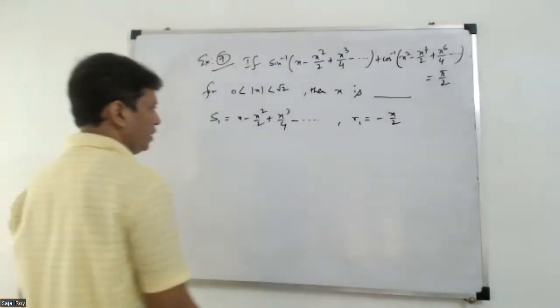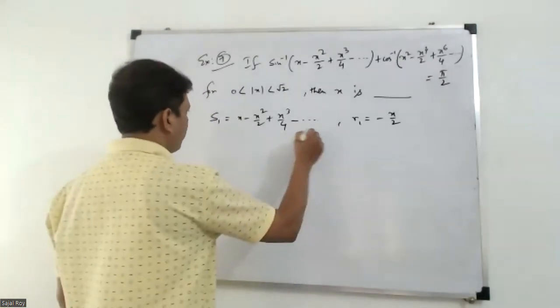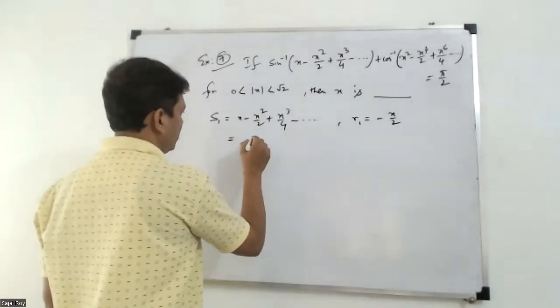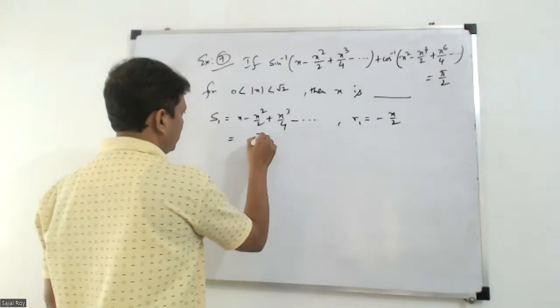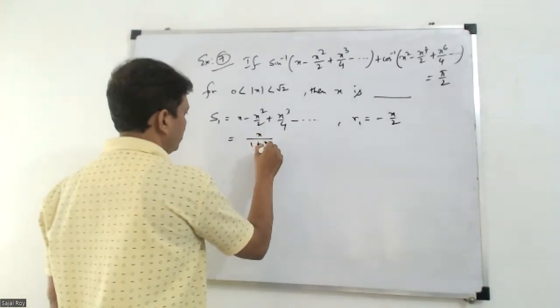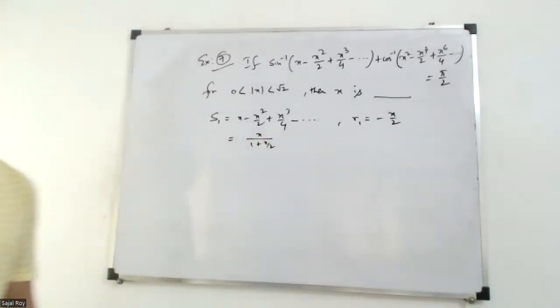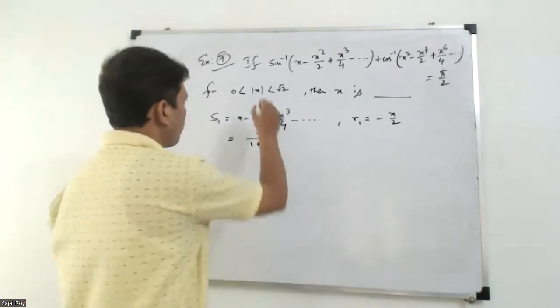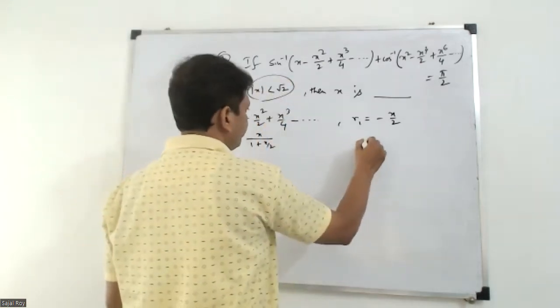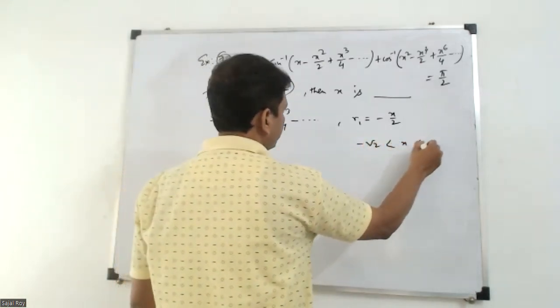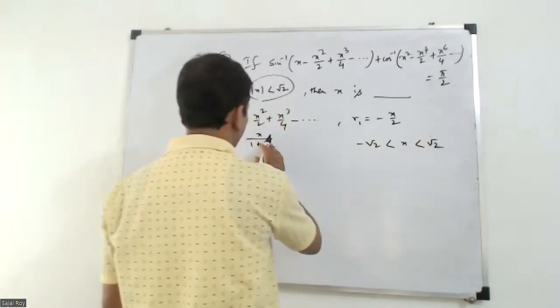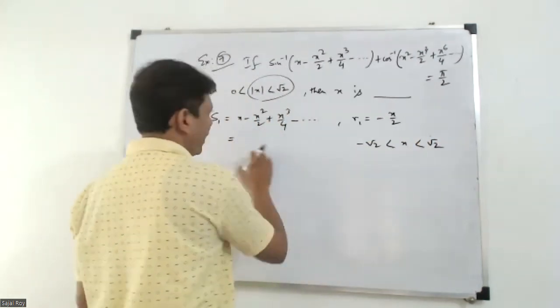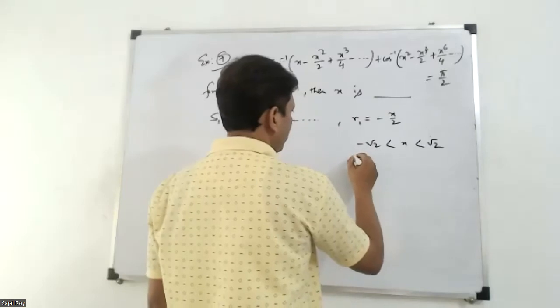Okay, so your sum will be, you can check that your mod x is less than root 2, whether the sum exists or not. Don't write the sum; let me check.